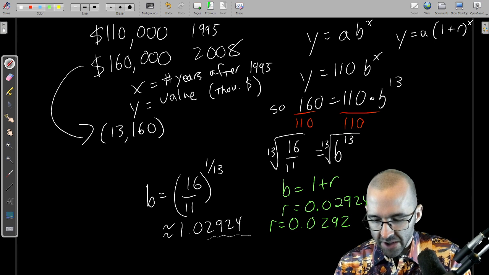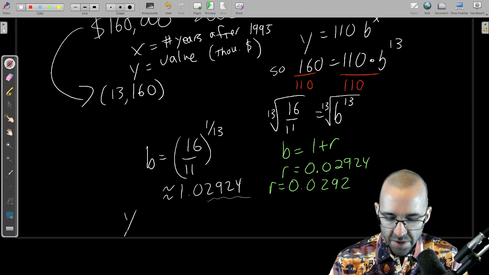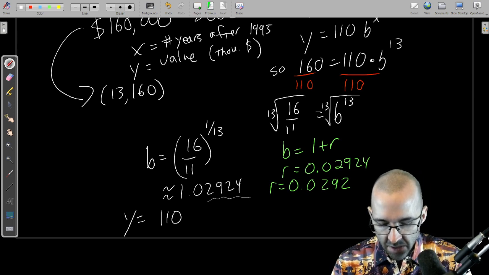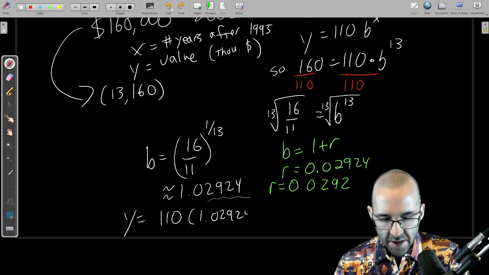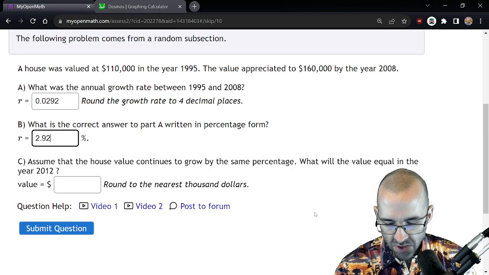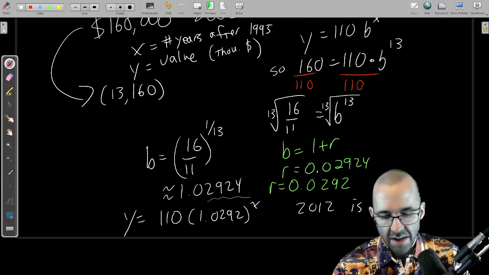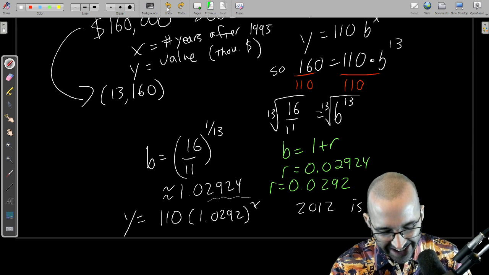Well, we just take our function and answer the question. So we know that Y is equal to A, which is 110, times B, which is about 1.02924, raised to the X. And 2012, how many years after 1995 is that? 17, I think.